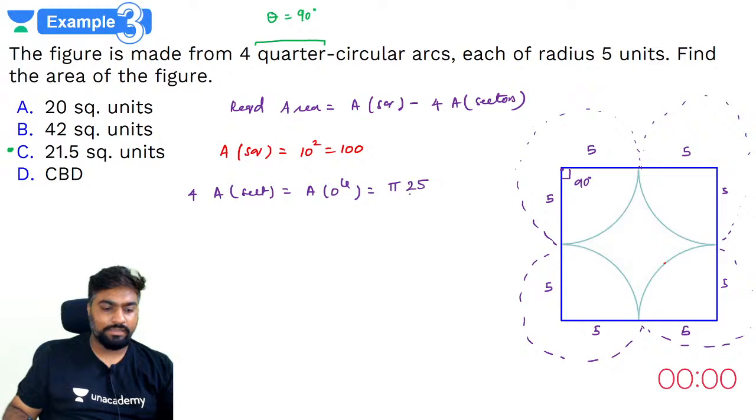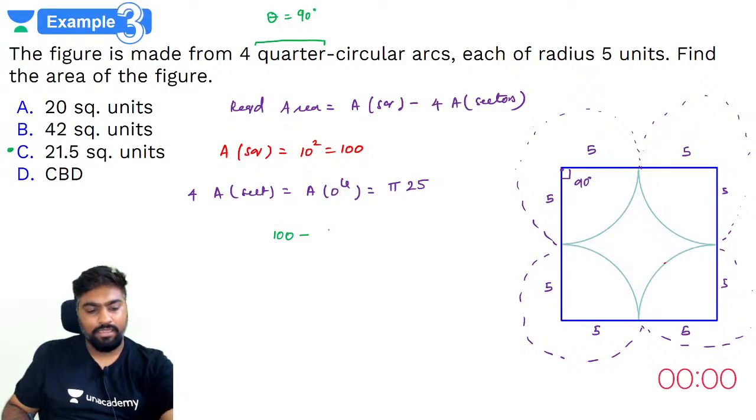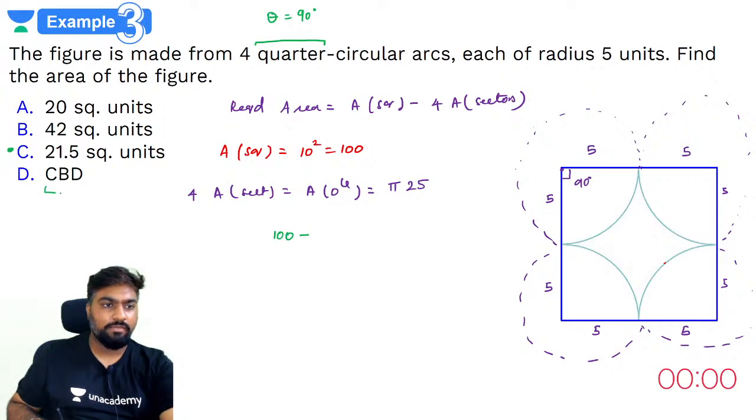I hope you're getting this, है ना? Right, Sahil, that's basically 25 pi, right? So our required area will be what? 100 minus 25 pi. Approximated values will do because our answer is not none of the above, it cannot be determined, but we know we can, right?